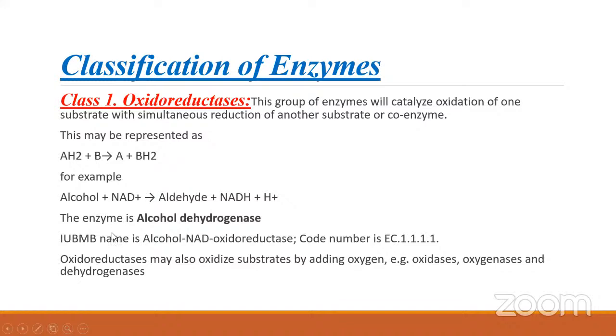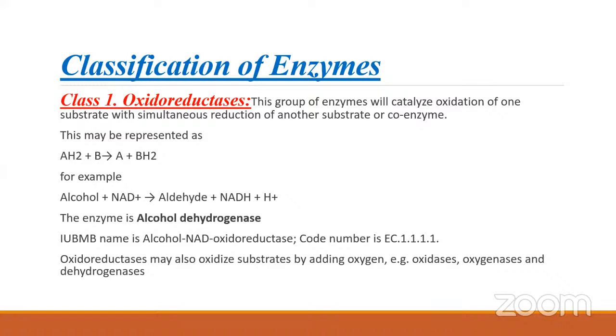Now, here I've given another example. Alcohol is acted upon by the enzyme alcohol dehydrogenase to convert it into a less toxic molecule, aldehyde. Here the hydrogen atoms are accepted by the coenzyme NAD, nicotinamide adenine dinucleotide, converting into NADH.